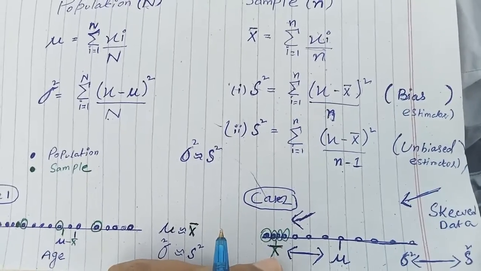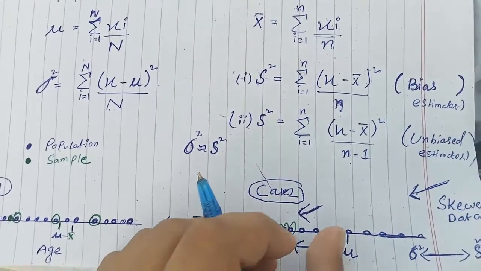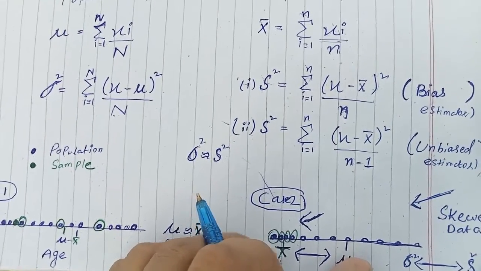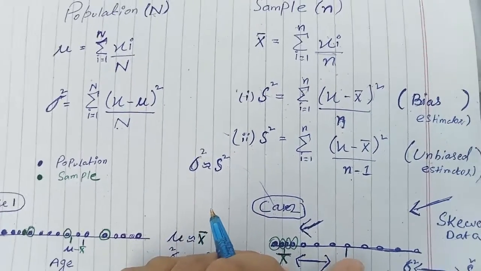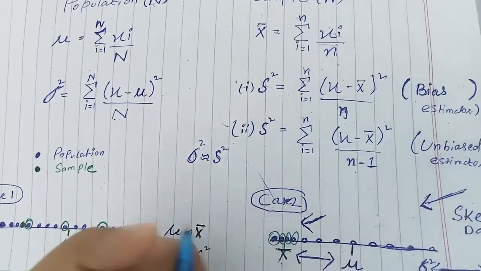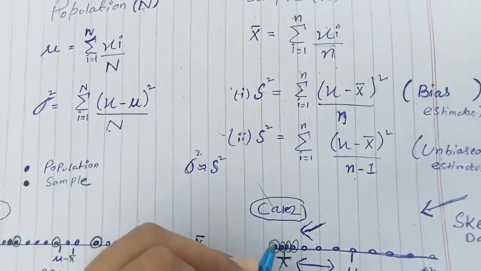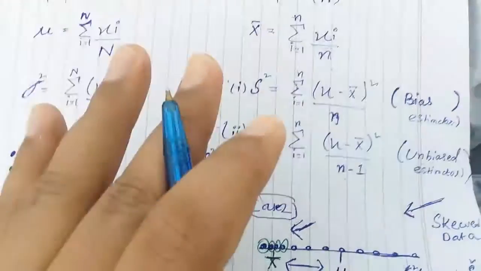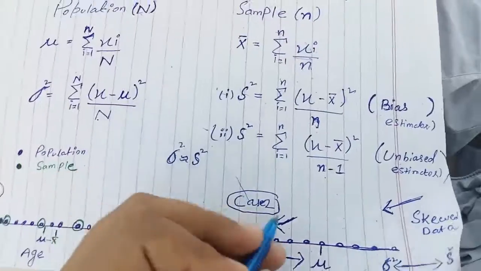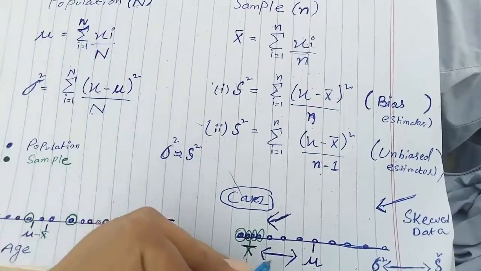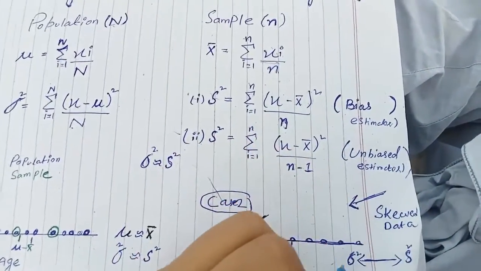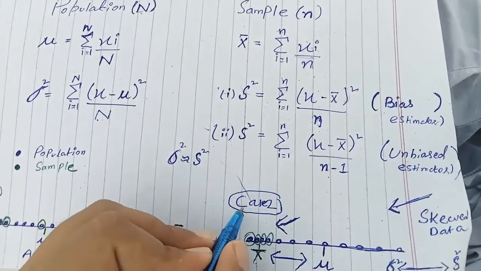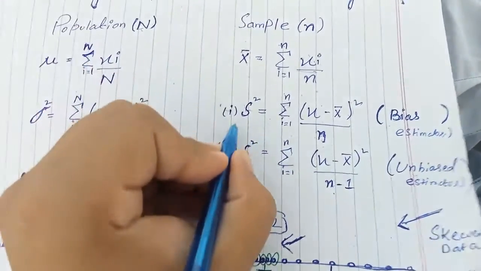When we calculate the sample mean, there will be a difference between the population mean and the sample mean in case 2. Why? Just because we took a sample that was skewed. Unfortunately, sometimes it happens. And if there is a difference between the sample mean and the population mean, obviously there will be a difference between the population variance and the sample variance if we use this formula.